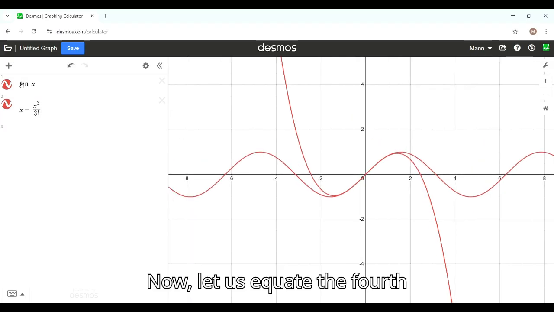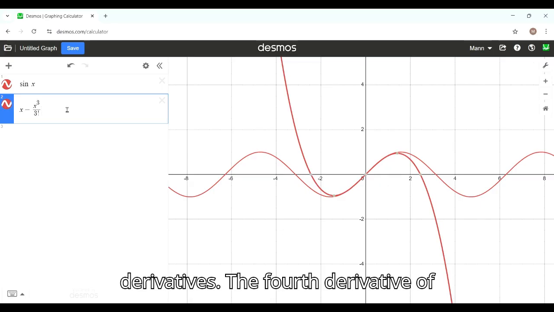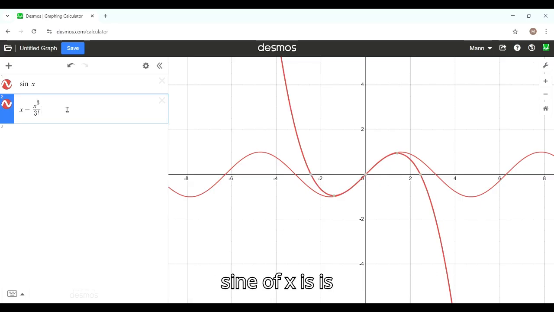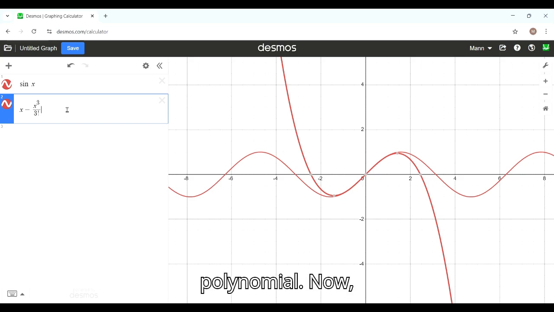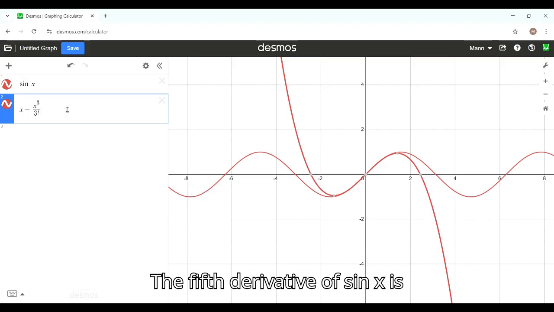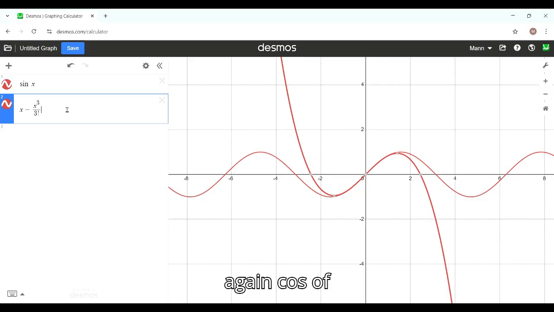Now, let us equate the fourth derivatives. The fourth derivative of sin of x is again sin of x, and at x equals 0, sin 0 becomes 0. So that term can also be ignored in our polynomial. Now, the fifth derivative of sin x is again cos of x, and cos of x at x equals 0 again becomes 1.